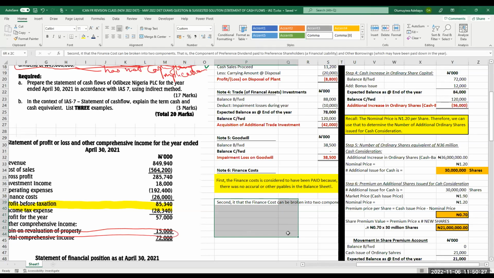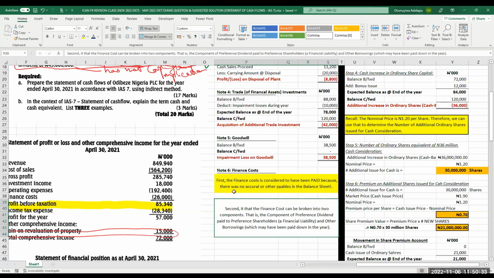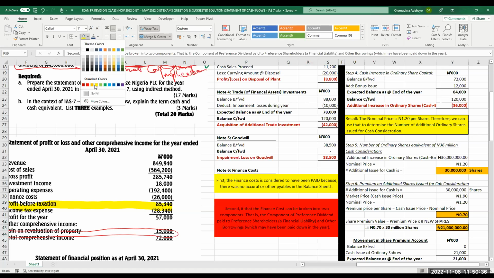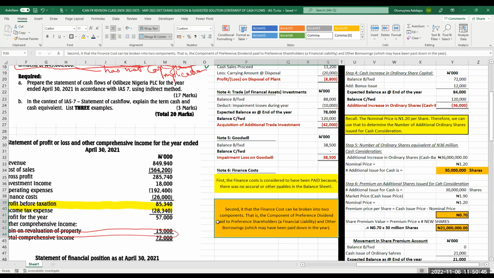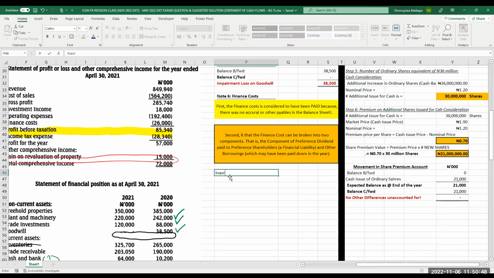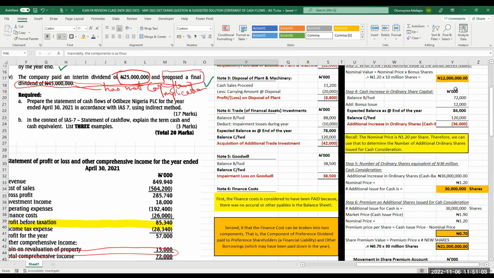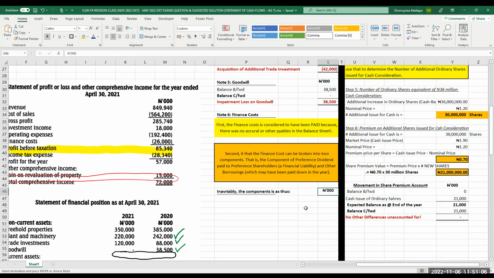Therefore, invariably, the components are as thus. Preference dividend.